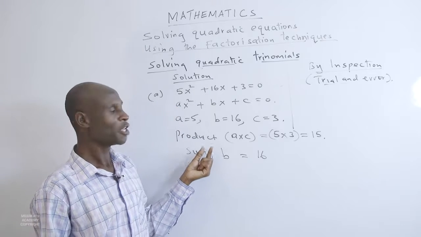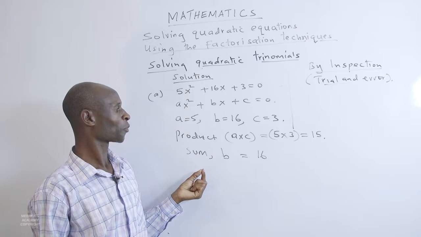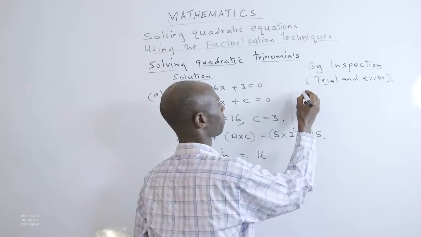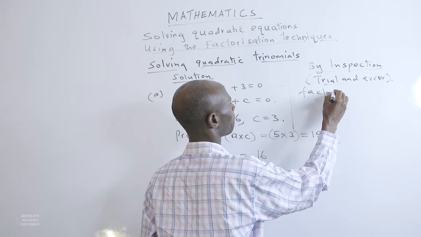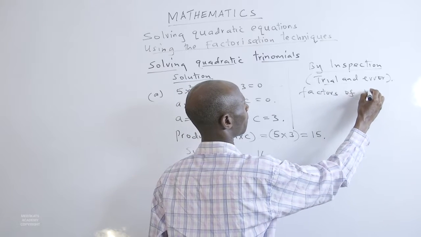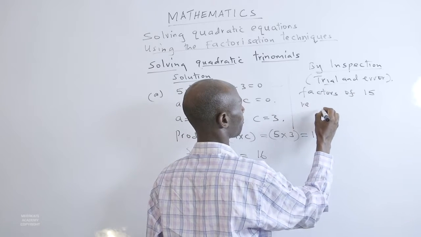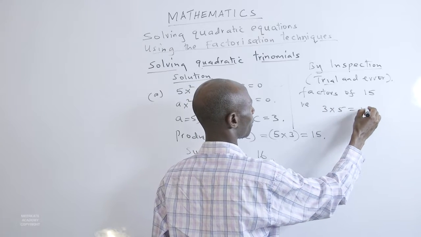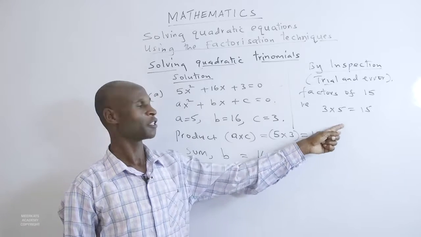So by inspection method, we list down all the factors of 15. Three times 5 is 15.